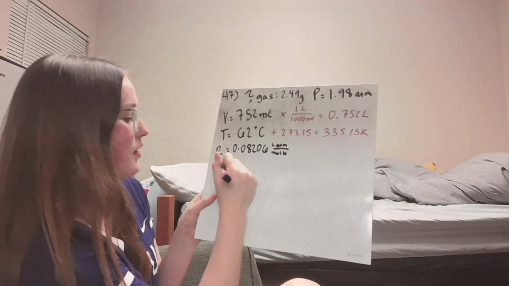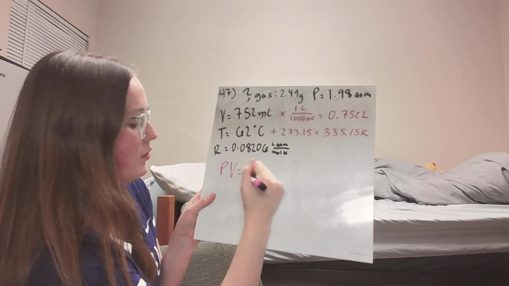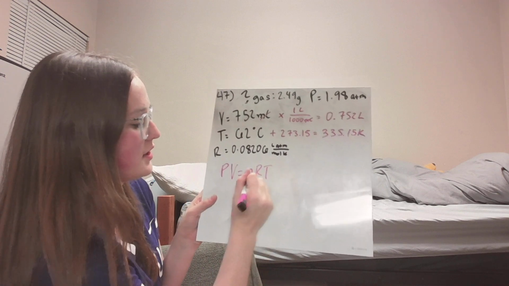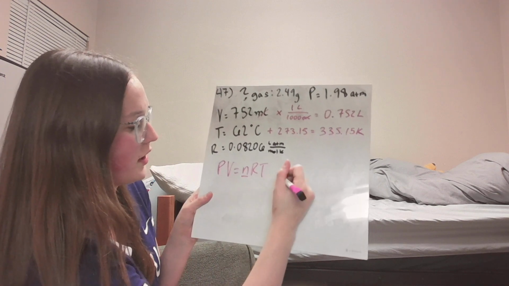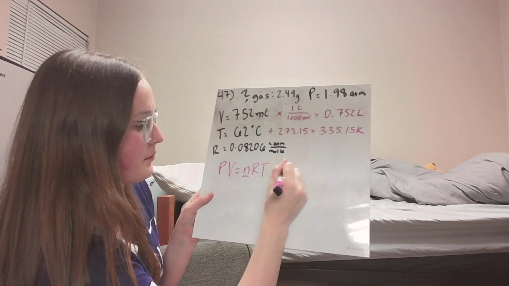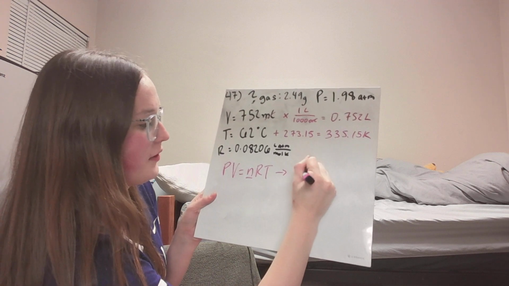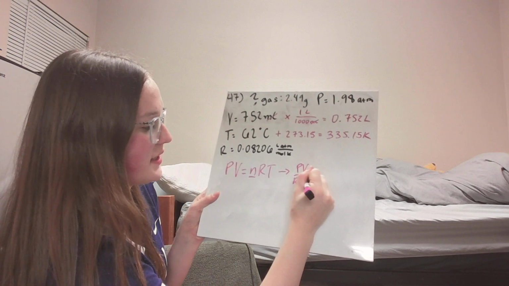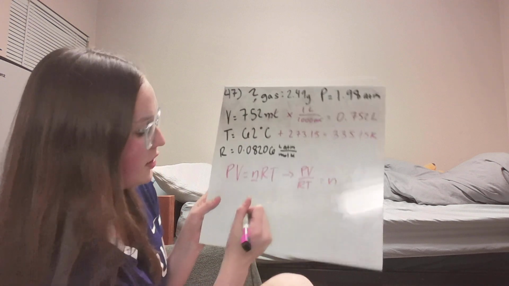So we're going to do PV equals nRT, except we're looking for n, so we're going to get PV over RT equals n. We're going to do that right here.